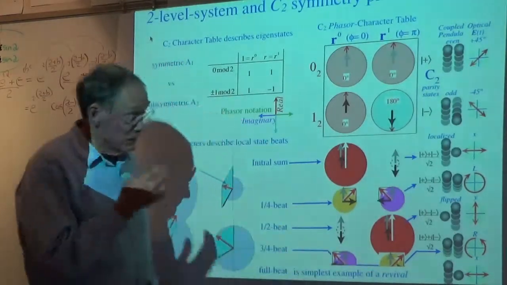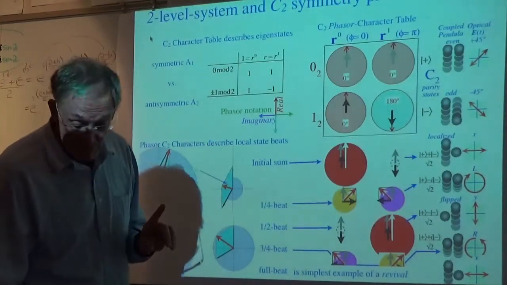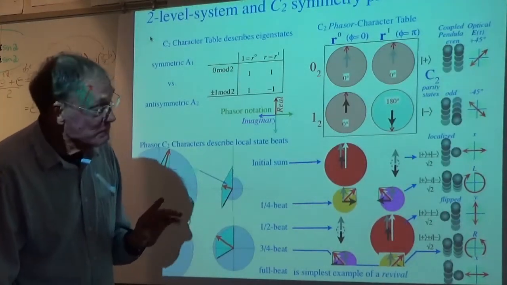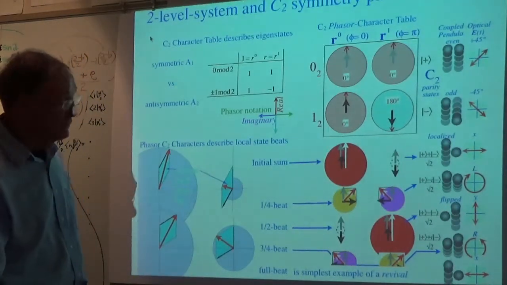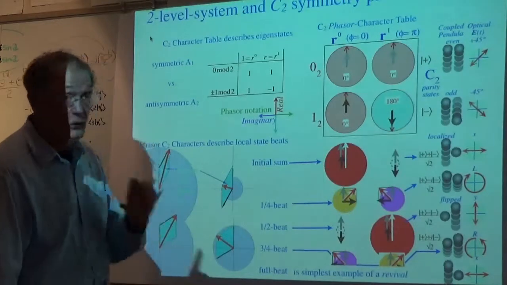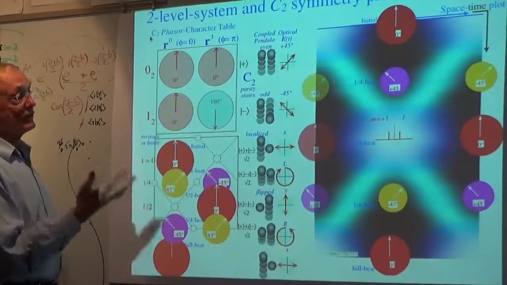He took it to a new level, and then he started working on things that showed revivals. He found a really hard problem, so complicated no one could figure out what a revival was. You're going to see what a revival is very clearly. This is the simplest example.